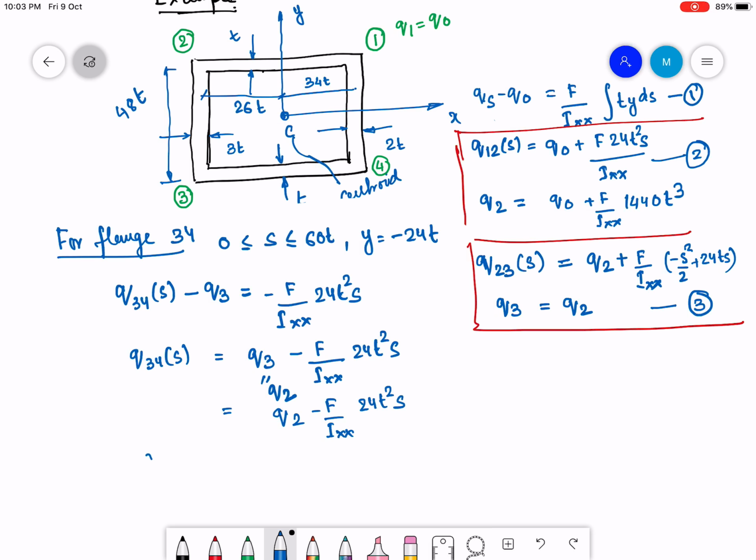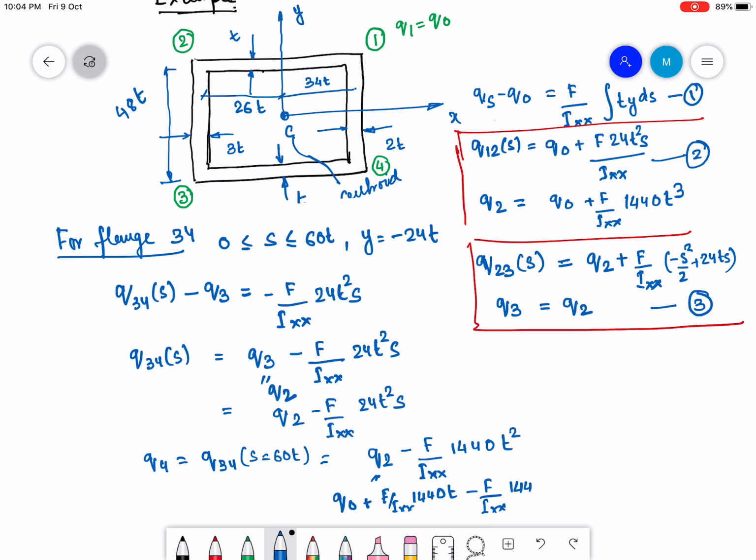So Q4 therefore is Q34 at S equals 60T, and that is going to be Q2 minus, in place of Q2 I can write this as Q0 plus F of Ixx 1440 T square minus F of Ixx 1440 T square.